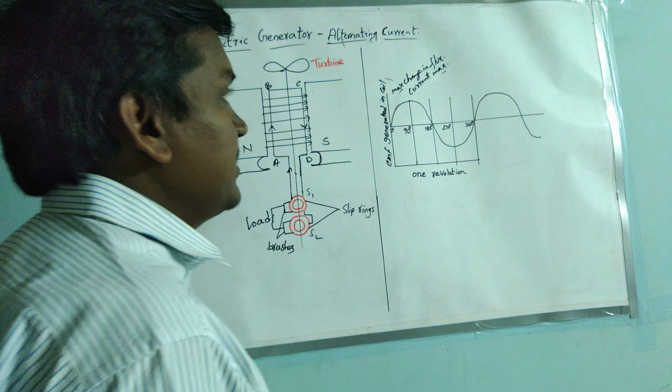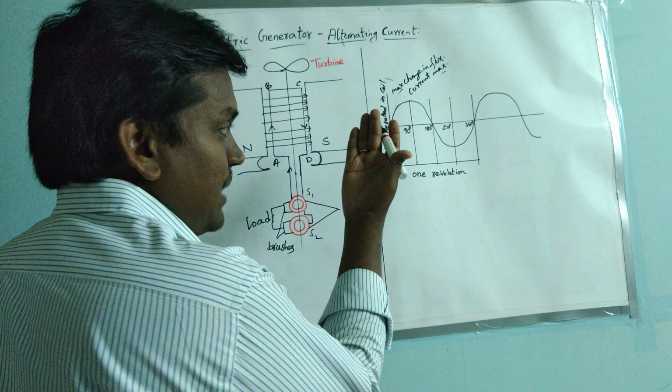And after the horizontal, what happens? After horizontal, again it will convert to vertical. So the change in flux is 0 when it is parallel.